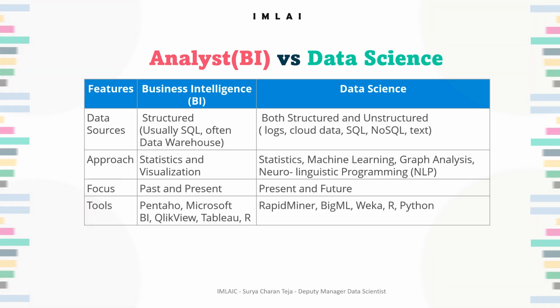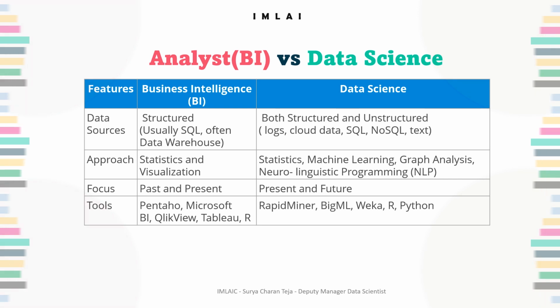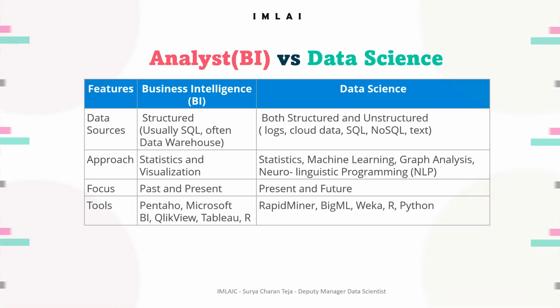So he has to use statistics, machine learning, graph analysis, natural language processing. Based on the type of data and the type of algorithms, the libraries from programming languages such as Python will also change.